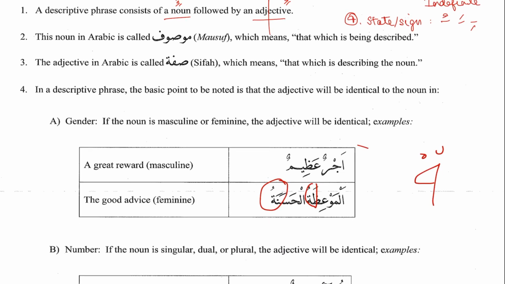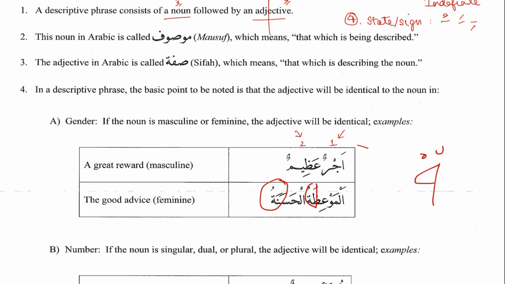For example, the phrase written here, ajrun azimun. Ajrun is the first ism, azimun is the second ism. So this first one is the mausuf, and this is the sifat. We know ajr, a reward. What kind of an ajr?